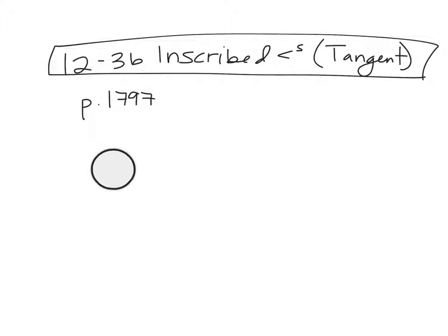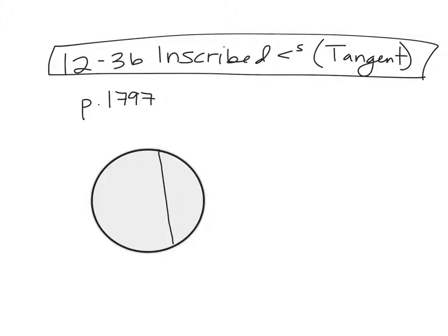Here is what we're doing with this section. You will have a chord, just like we did in the first one, but now instead of another chord to form our inscribed angle, you're going to have a tangent coming off of that point. So coming off of this point down here, you would have a tangent line.